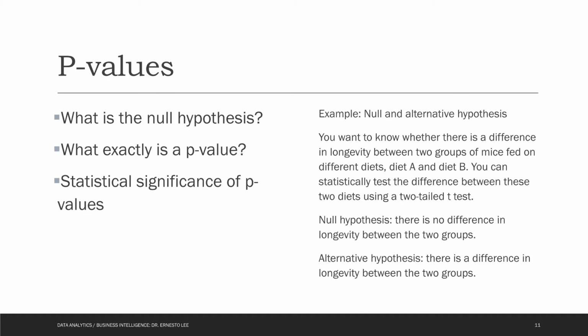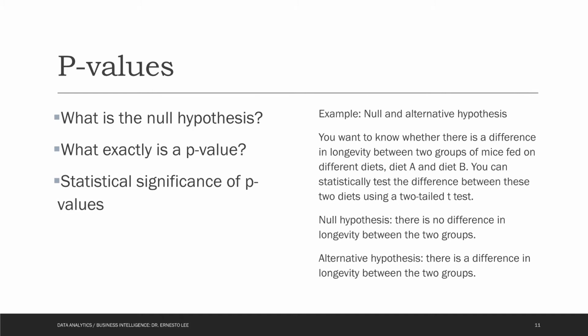To give you an example, you might want to know whether there's a difference in lifespan between two groups of mice that are fed different diets, diet A and diet B. You can almost envision two columns of data, one representing diet A and one representing diet B. The null hypothesis is that there's no relationship between the diet and longevity. The test will tell us whether there is a statistically significant relationship between those two.